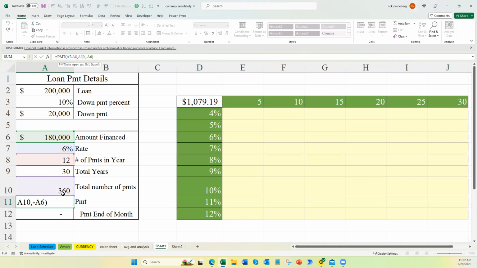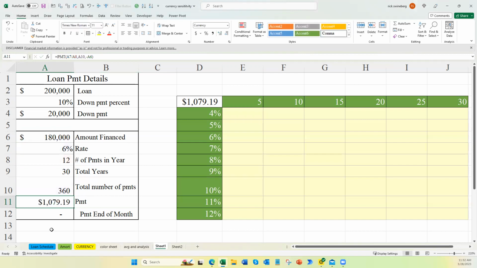And then we input the number of payments in the life of the loan, which is 360. And then here is the present value, which is the amount that's going to be financed. It has a negative in there because in finance that represents an outflow of money.